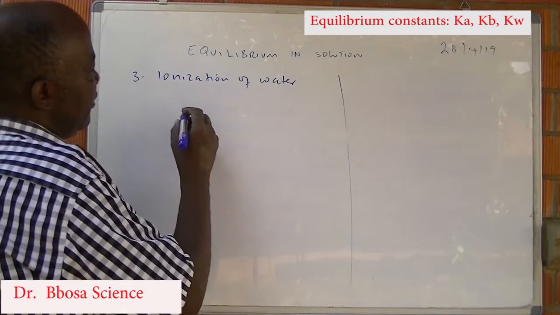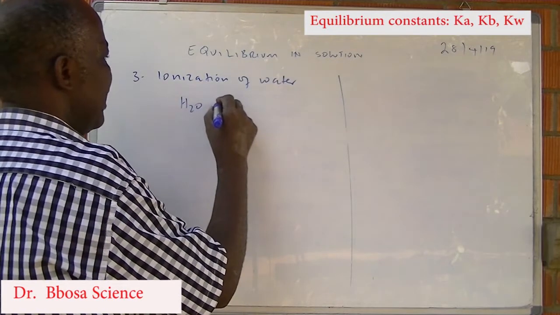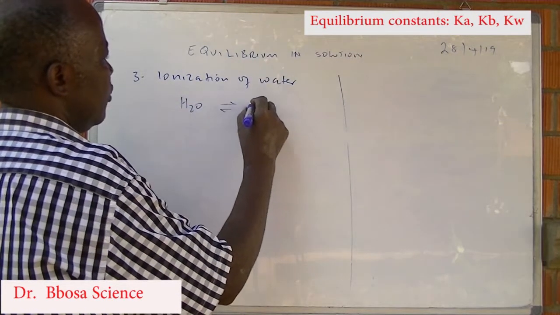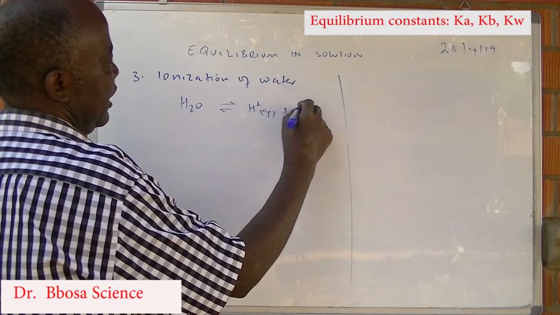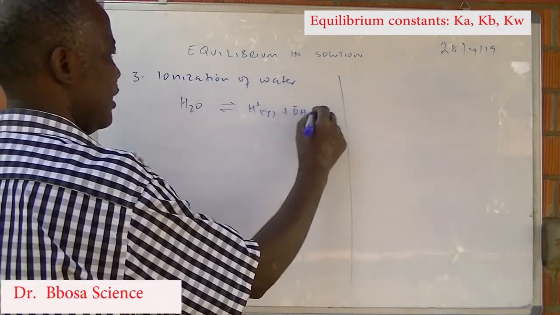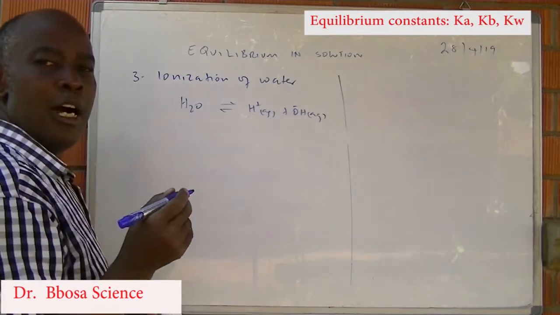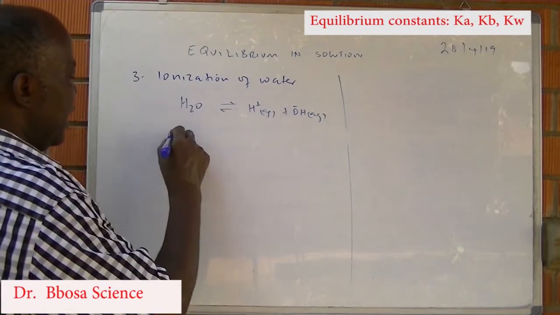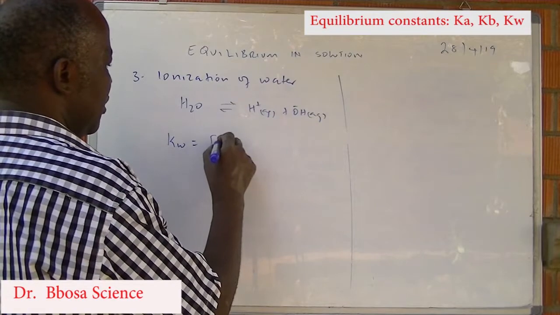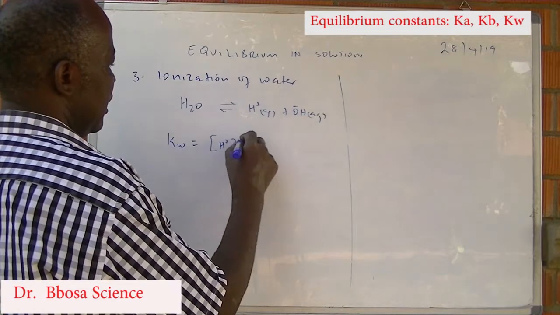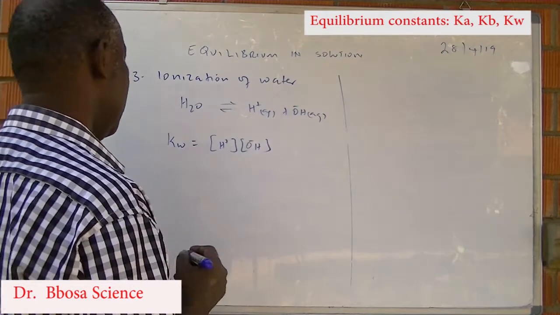Ionization of water. Water ionizes to form hydrogen ions, aqueous, plus OH, aqueous ions. The ionization constant of water, Kw, will be equal to the concentration of hydrogen ions times the concentration of hydroxyl ions.